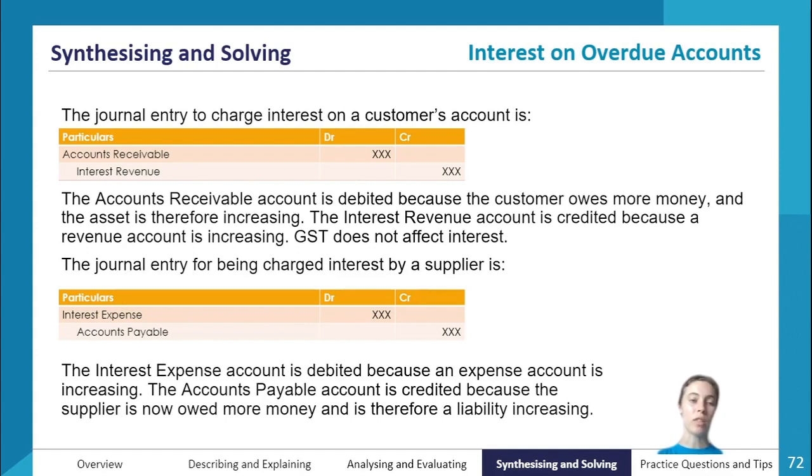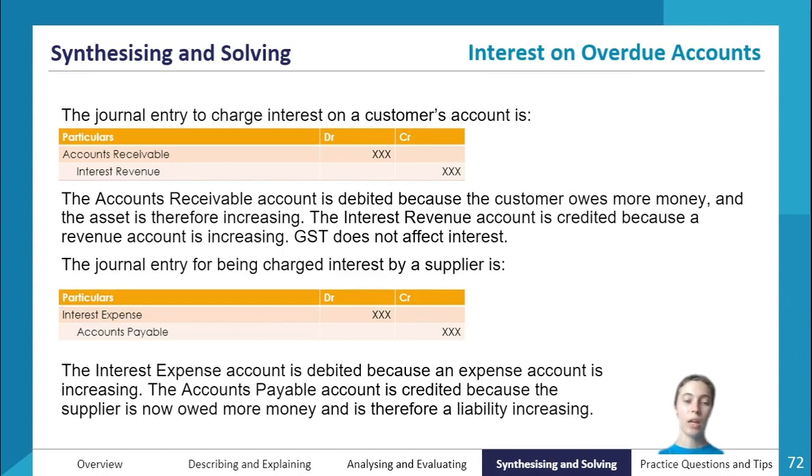So you're increasing the accounts receivable because you're then going to be owed more money with the interest that you're adding on to what was already owed. And the interest revenue account is credited because the revenue account is also increasing, and revenue is a credit by nature. So to increase it, you credit it. GST does not affect interest, so that's why it's not a factor here.